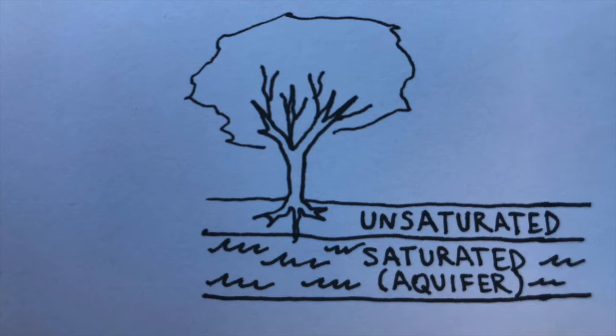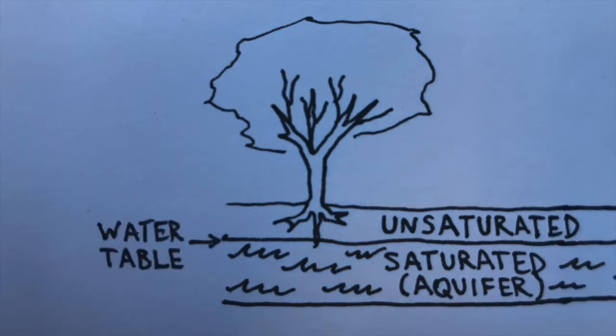It's where all the groundwater lives. The point at which the unsaturated zone becomes the saturated zone is known as the water table. The way plants and trees, or anything that's growing from the ground, gets most of its water is from growing roots down below the water table into the saturated zone.